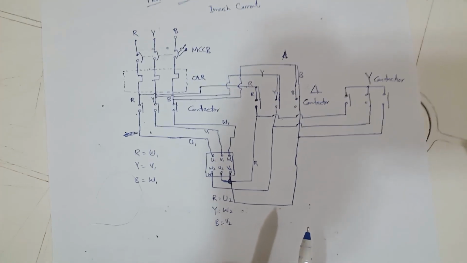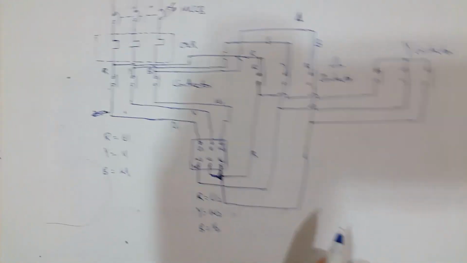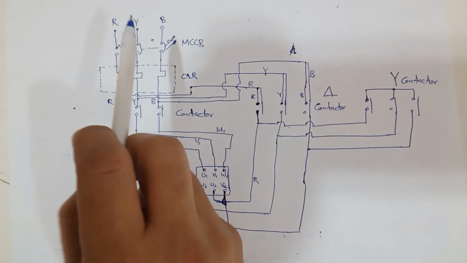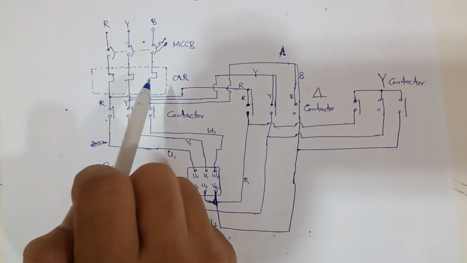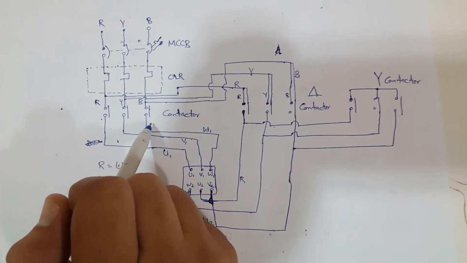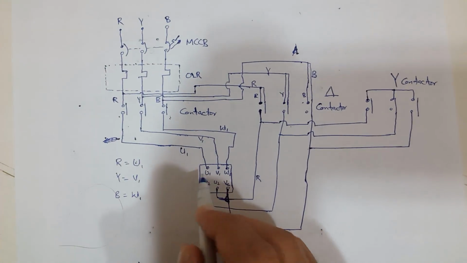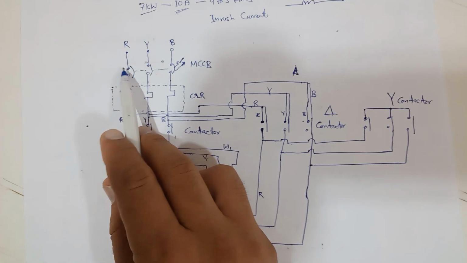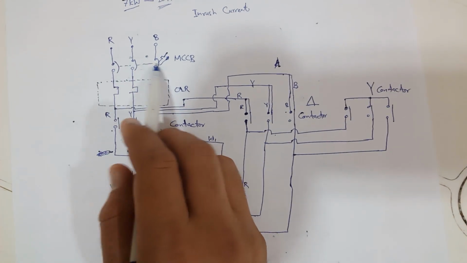Now here we come to the power diagram. In the power diagram we have MCCB, overload relay, contactors: main contactor, delta contactor, and star contactor, and here is our motor. We give supply red, yellow, blue to the MCCB.